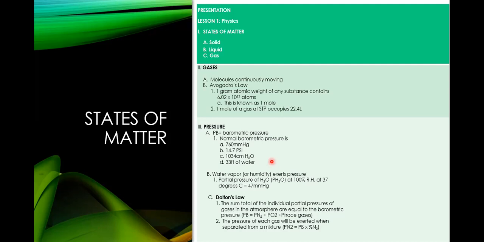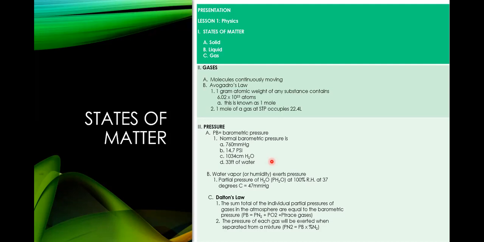All right, now, we talked about the water vapor. When we inhale gas, the nose, which is the primary humidifier of the body, heats and moisturizes the air we breathe, right? It gives us the humidity that we need. And that humidity is known as water vapor, AKA humidity. And that water vapor exerts a pressure, right? And we said the partial pressure of water at 100% relative humidity and 37 degrees Celsius, which is normal body temperature, right?